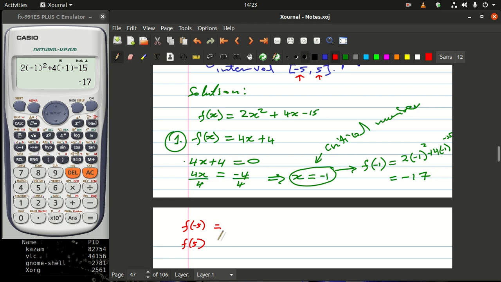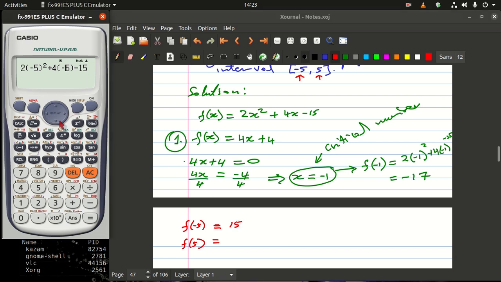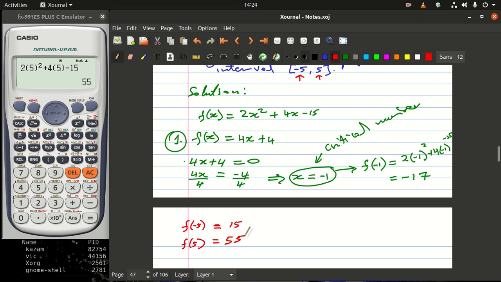What are these values? I plug in minus 5 here, and plugging in minus 5 the answer is 15. And then if you look at this one, I want to use a positive 5, and here I am having 55.